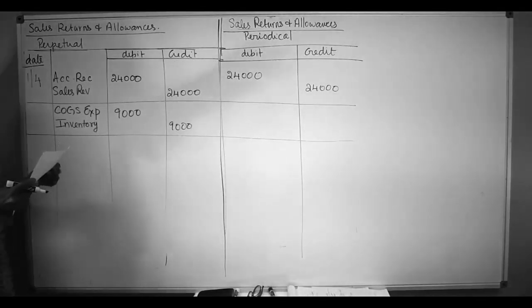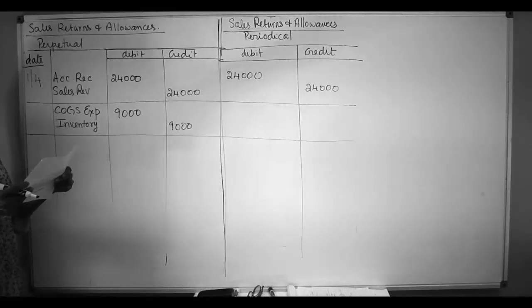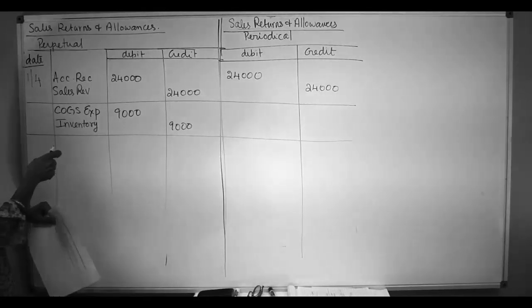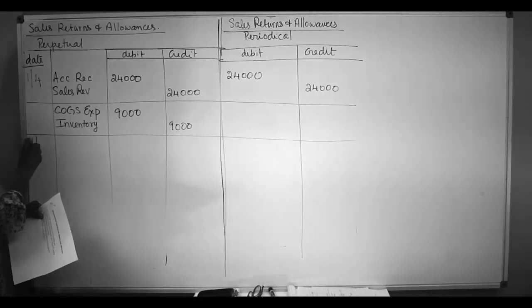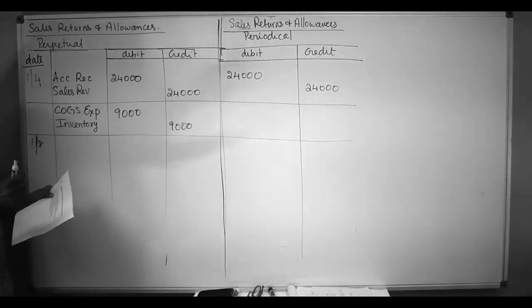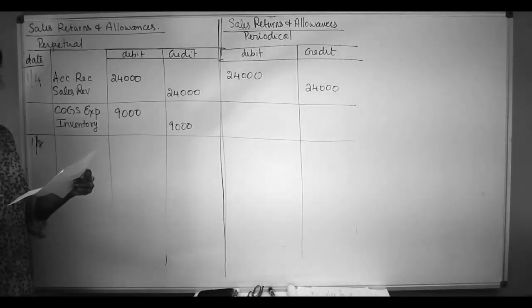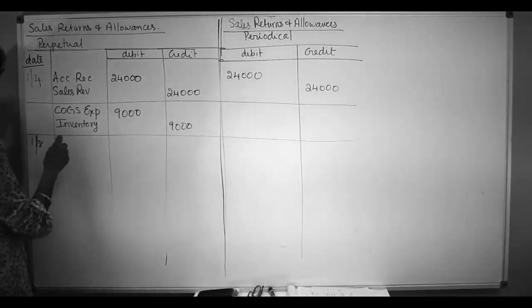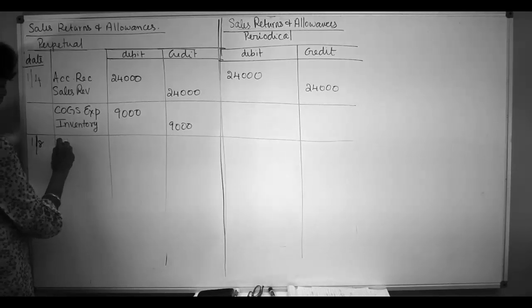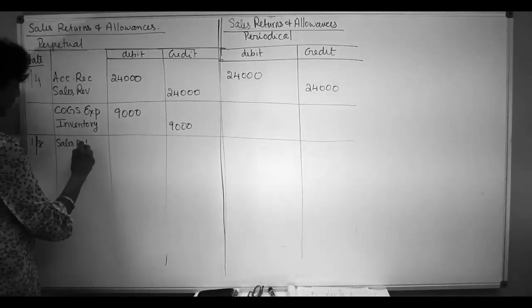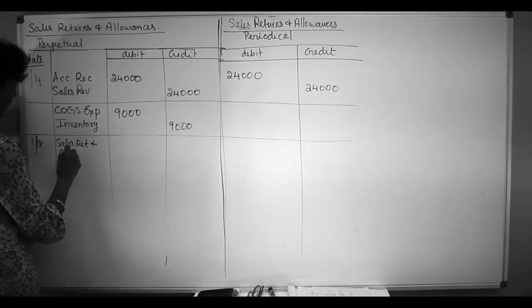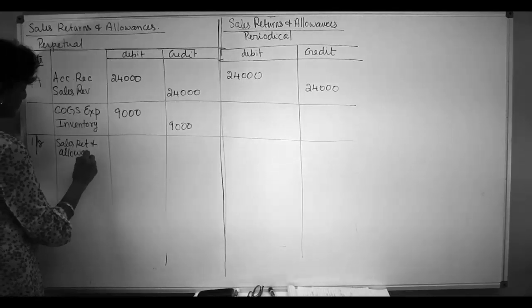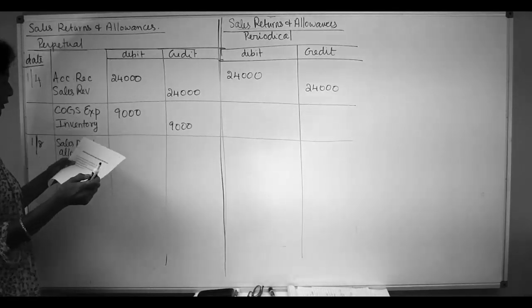And number 3, on January 8th, the customer returned 4 televisions. So the televisions are coming back from customers. So now, first, you will debit sales returns and allowances. The customer is returning 4 televisions.